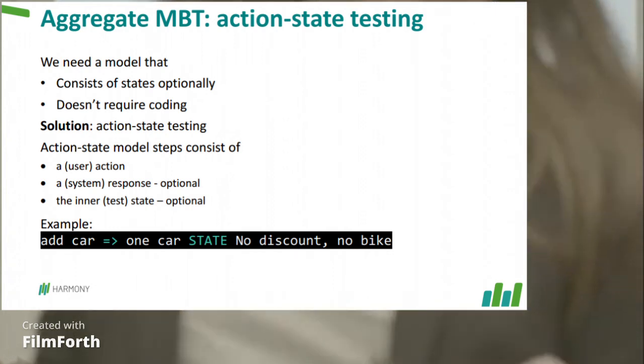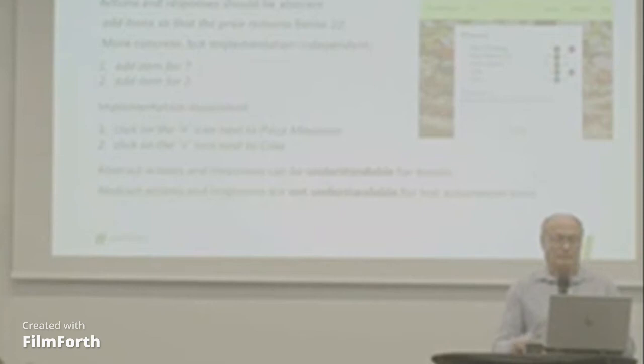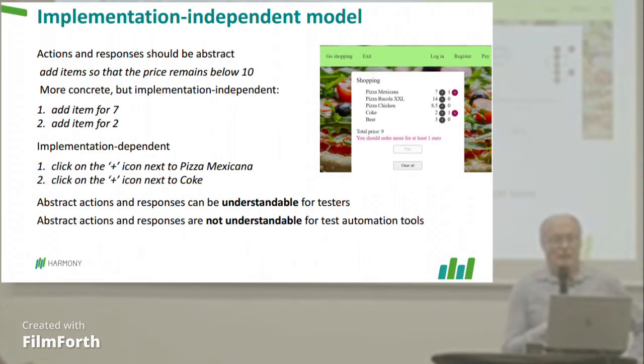Here's an example. The action is add car. The response, which is also an output, is that one car is in the cart, and the state is that we remain in the initial state. Okay, it's very important that the actions and the responses should be as abstract as possible.